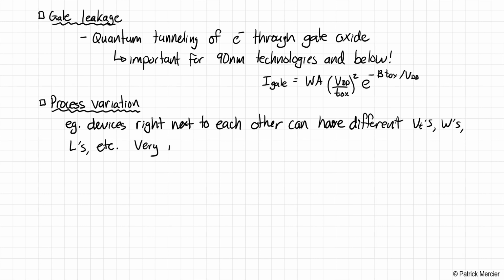We're going to talk about it more later on in this course, but let's just say that it's very important at nodes below 45 nanometer or for subthreshold logic. And again, the reason it's particularly important for subthreshold logic is because subthreshold logic has this exponential dependency on threshold voltage, and this can really cause path delays in your digital systems to vary significantly.